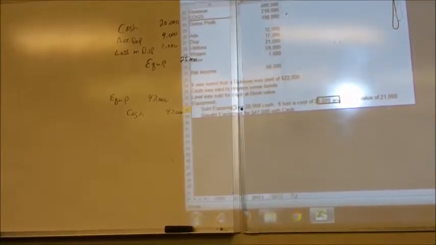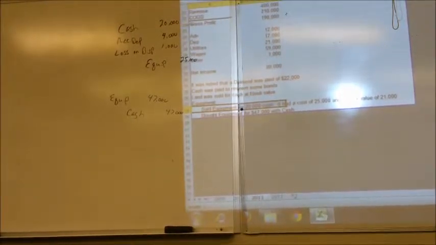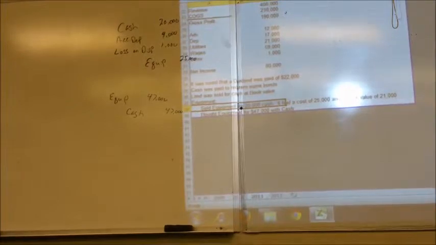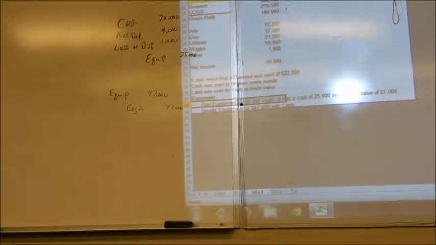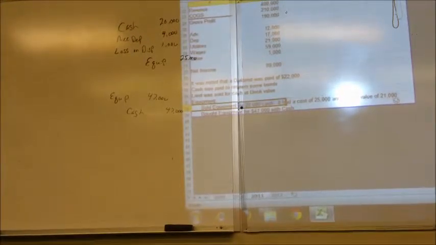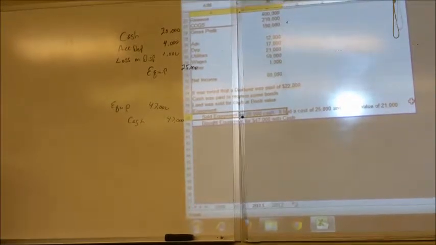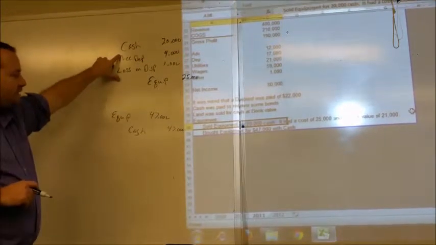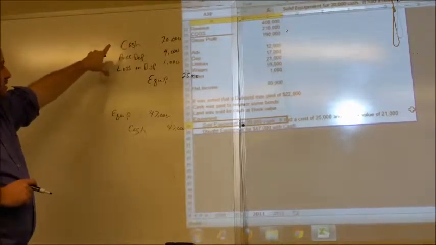So the journal entry, just to refresh: I sold equipment and brought in some cash, which I have up here in the journal entry. I got rid of the equipment for $25,000. If it was still worth 21 on my books and I brought in 20, that means I had a loss. So this was the journal entry, and then I asked myself the two questions.